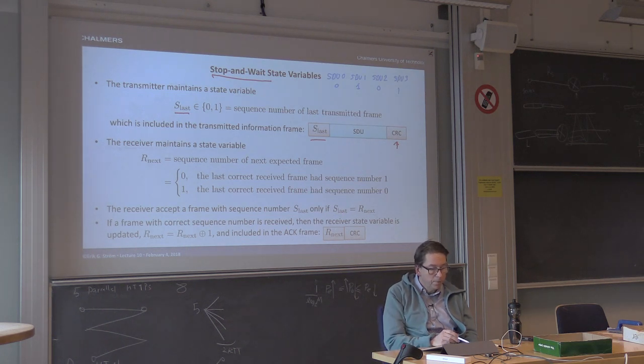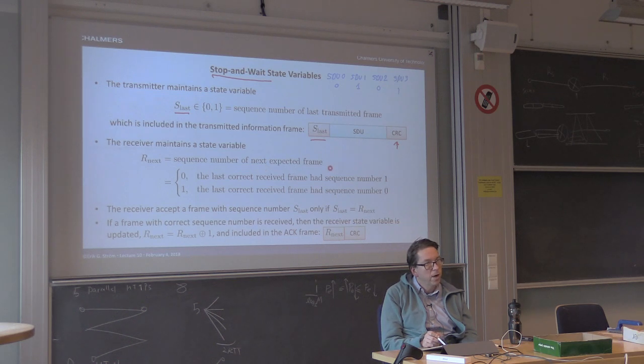Now the receiver also maintains a state variable, and that state variable could have been, for instance, the sequence number of the last received frame, but that's not what we do. What we do instead is maintain a state variable that we call R next. To think about this, it's the sequence number of the next expected frame.